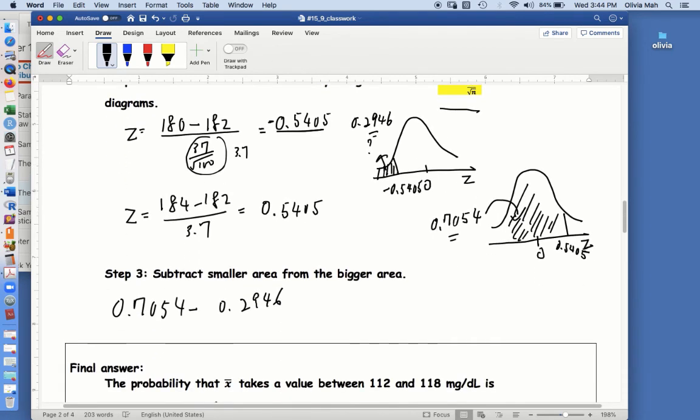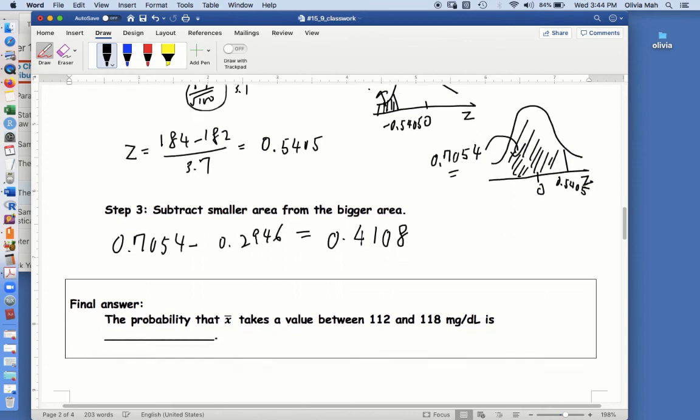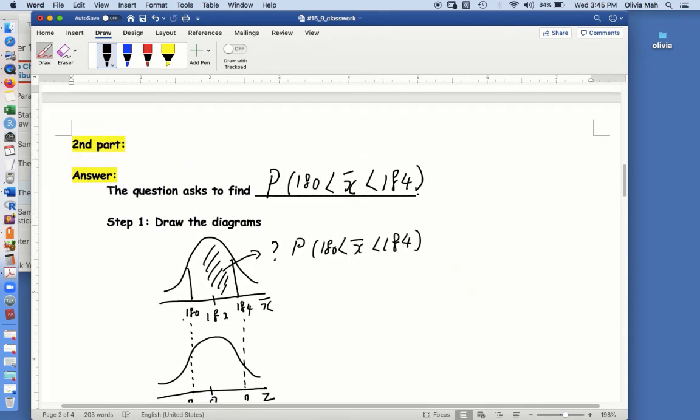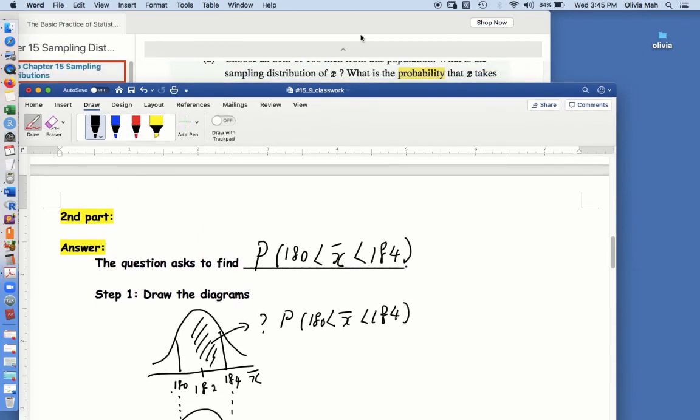So this is equal to 0.4108. And that actually is our answer. So the probability that a sample mean takes a value between 112 and 118 is 0.4108. So roughly 41% that your sample mean will fall between these two numbers. So this is how you would do the second part of subpart A.